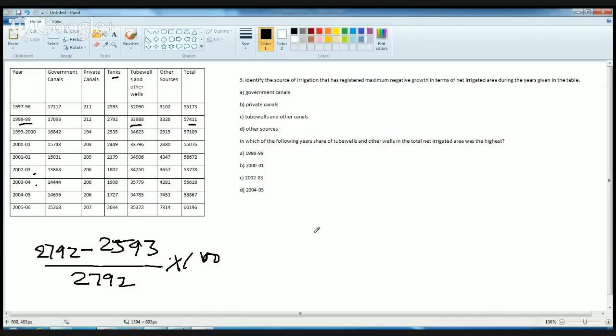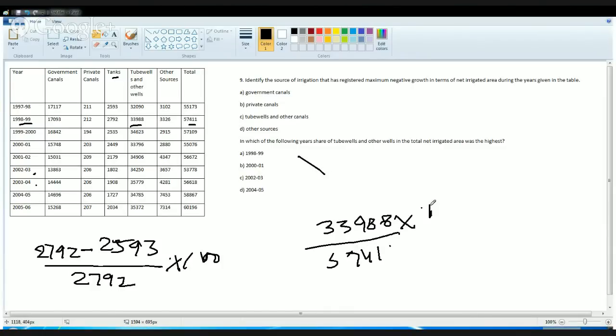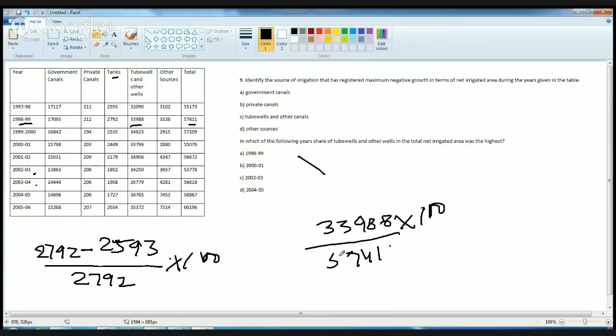So what I would be doing is 33988 divided by 57411 into 100. So that is the way of finding tube wells to the total irrigated area.